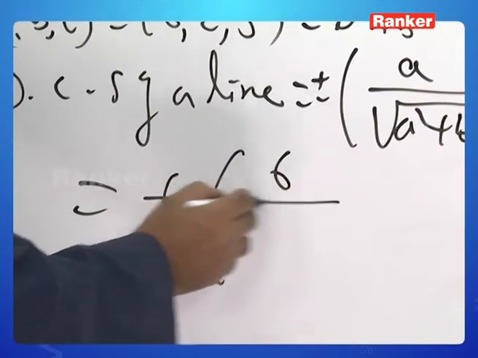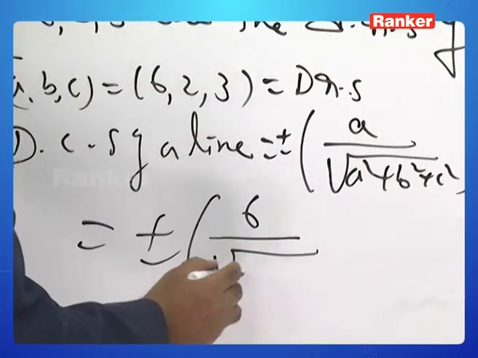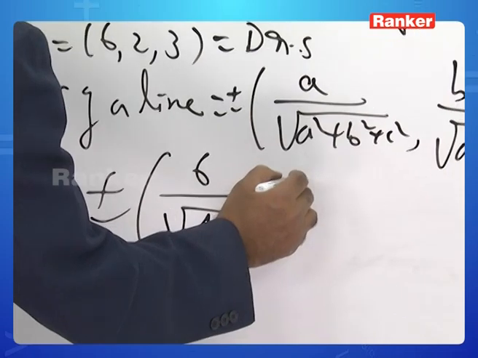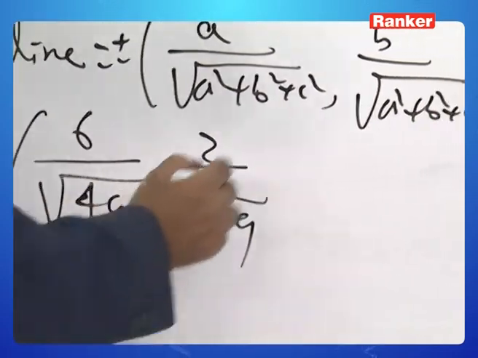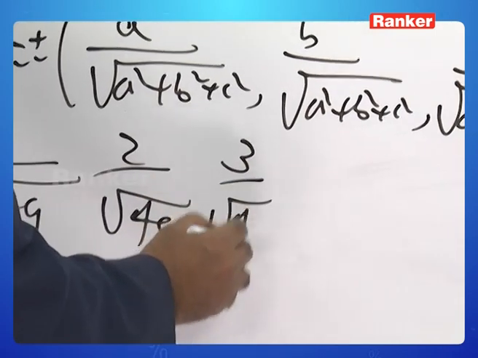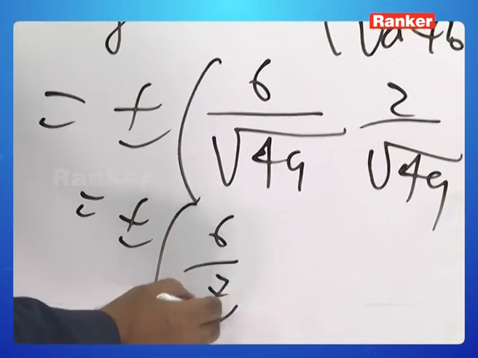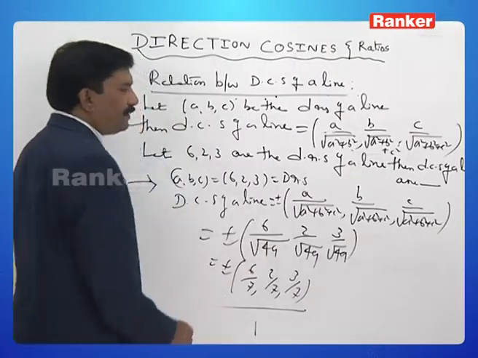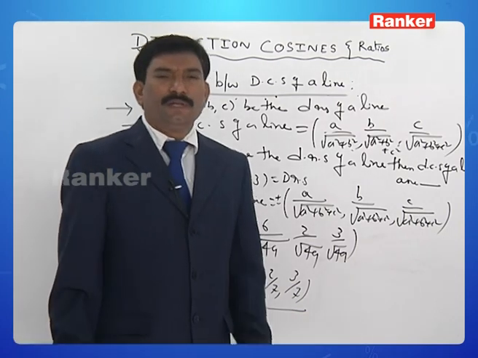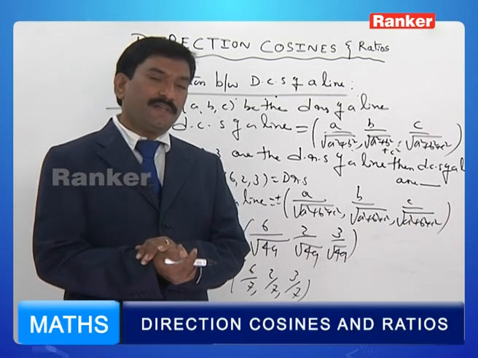You simplify this: plus or minus 6 by square root of 36 plus 4 plus 9, that is 49. It's 49. Yes, 2 by root 49. Yes, the next 3 by root 49. Now this is nothing but plus or minus 6 by 7, 2 by 7, 3 by 7. This is how you can find out the DCs of a line from the DRs of a line.